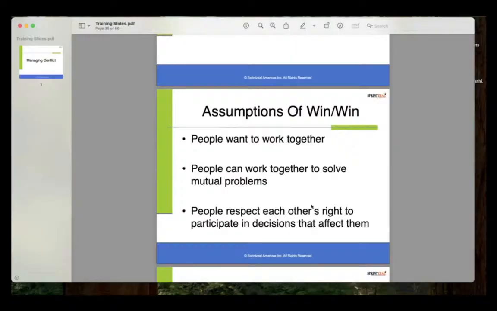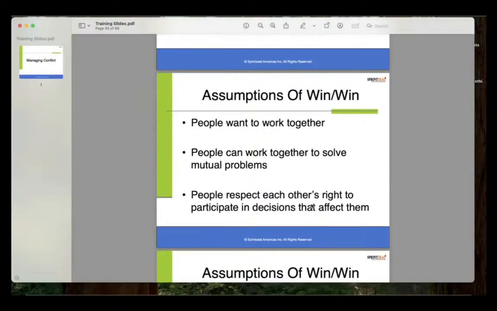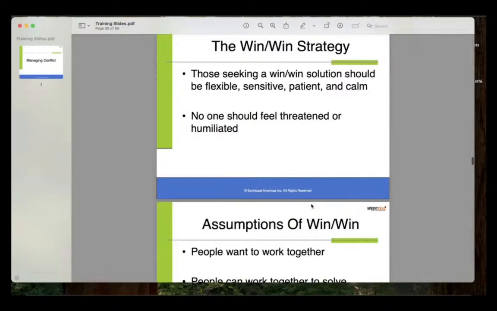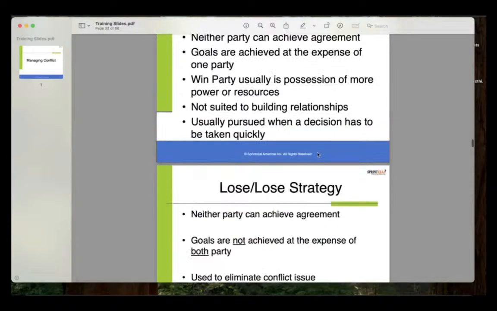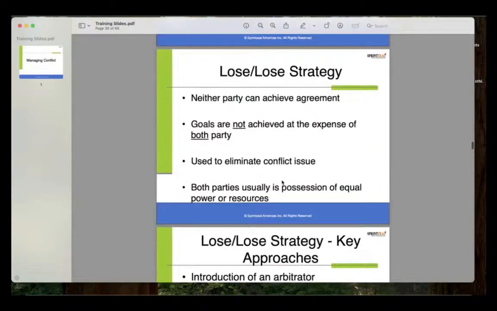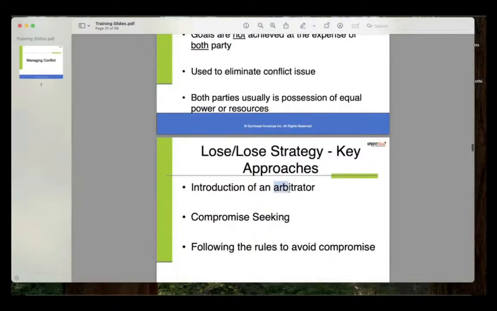So, this is what we pre-assume when there is a win-win strategy. The pre-assumptions are that people want to work together, people can work together to solve mutual problems. If you remember the role that we used in the lose-lose strategy, the role of an arbitrator.